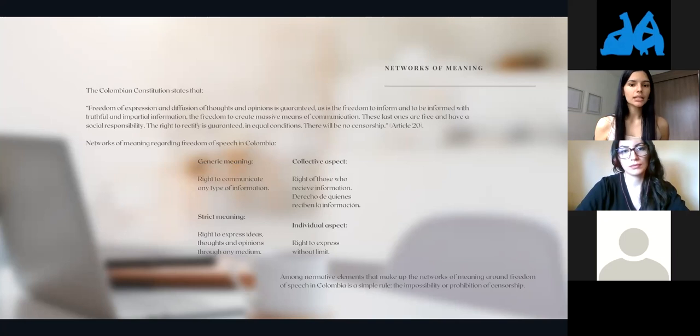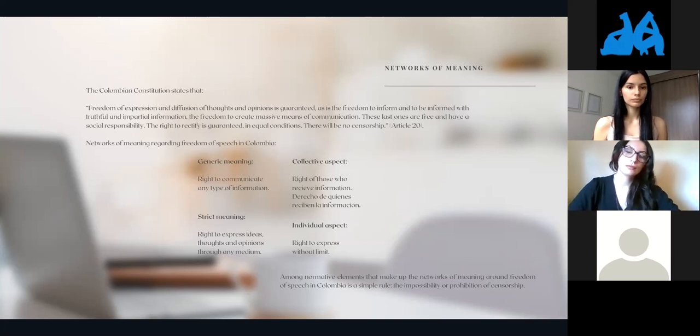There are at least 4 meanings or approaches regarding the regulation of freedom of speech in Colombia. A generic meaning or a general meaning that establishes the communicative nature of humanity.